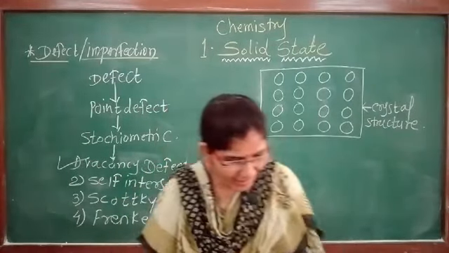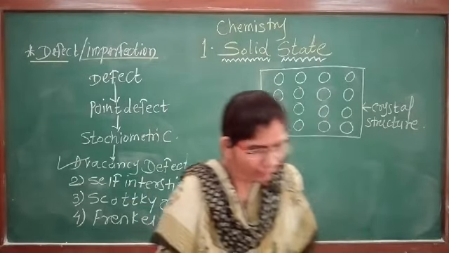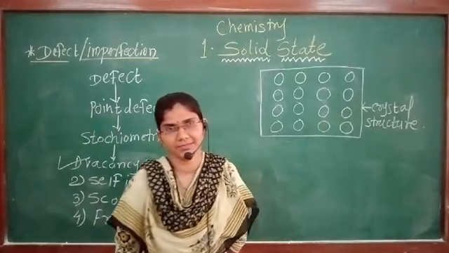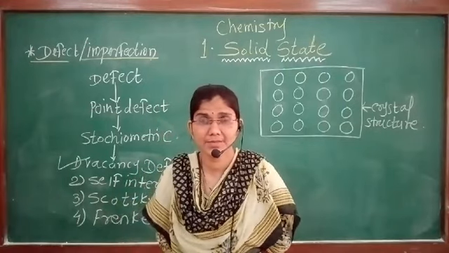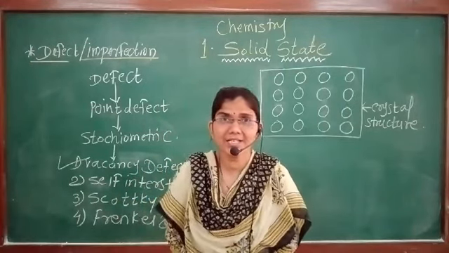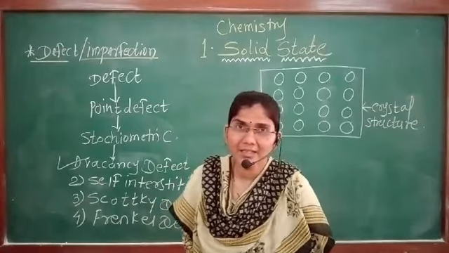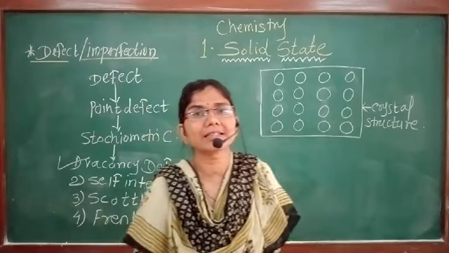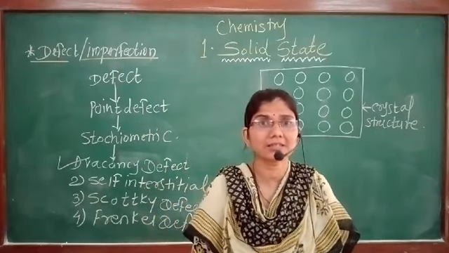A particle is missing from its regular site in the crystal structure. Vacancy defects mean that during the crystallization process, a particle is missing from its regular site in the crystal structure.